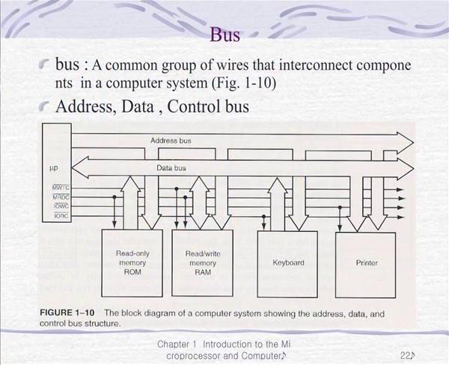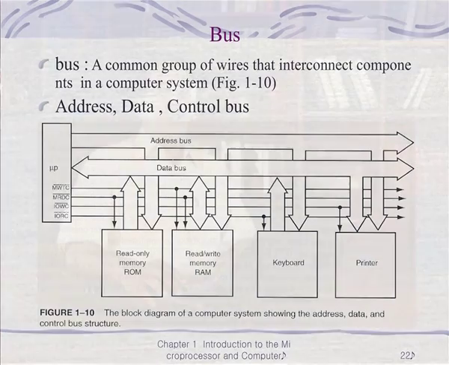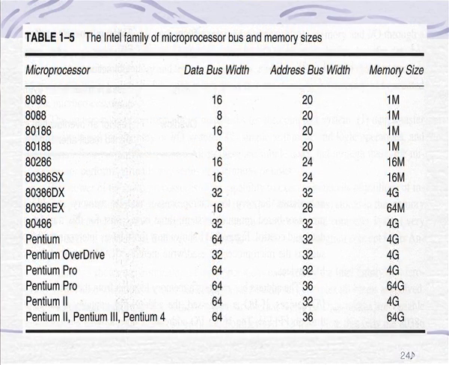Then we have the control bus. The control bus is responsible for generating the various control signals, which are memory read, memory write, IO read or IO write control signals. Then we have a summarized comparison of the various processors with the details of their data bus size, address bus size and memory size.